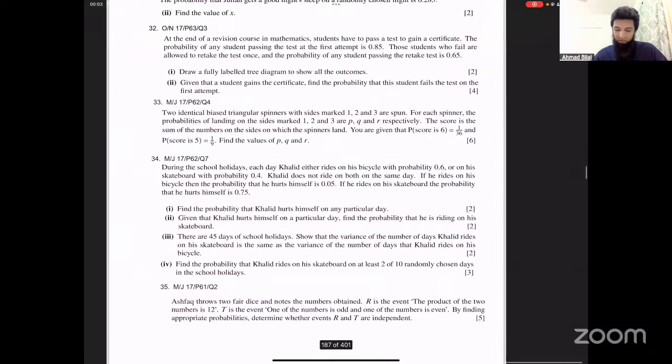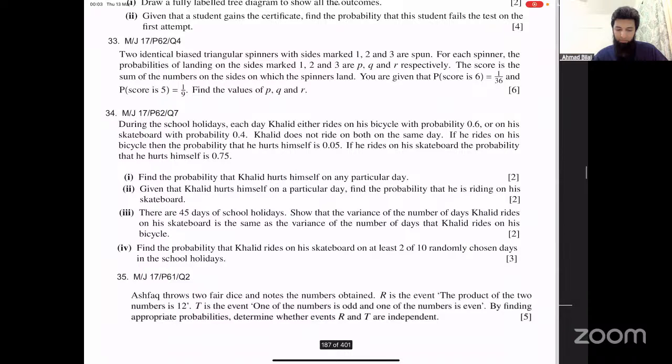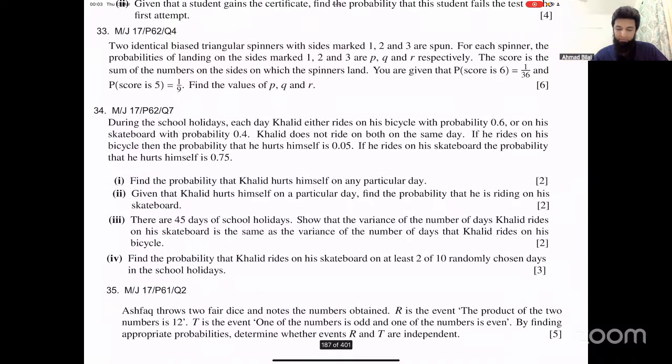Is it this one? Batul, is it question number 33? Yes, it's the 33. Okay, yes, I'll be posting this worksheet as well.